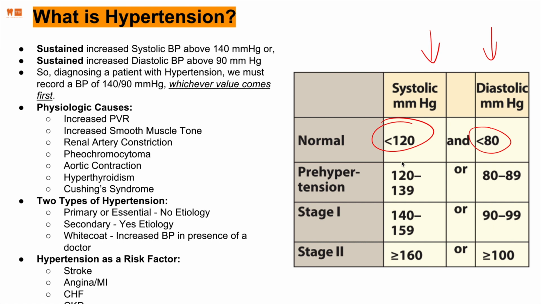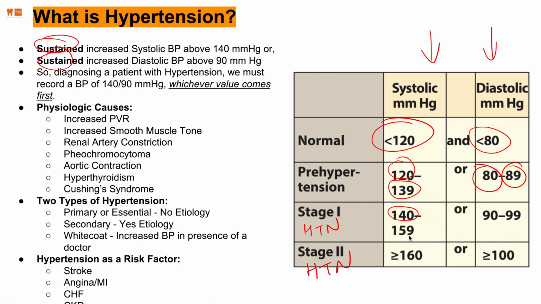Pre-hypertension is including 120 all the way up to 139 systolic, including 80 all the way up to 89 in diastolic. Stage 1 is now hypertension, not pre-hypertension, it is diagnosed hypertension, with, of course, sustained increase.